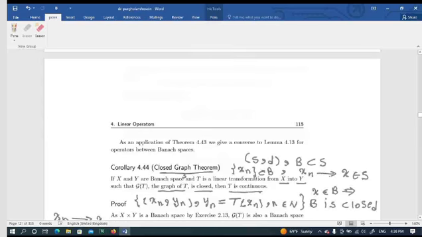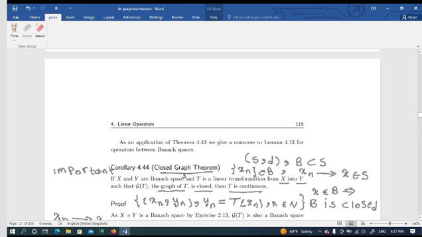Corollary. Another theorem that is really important is the closed graph theorem.